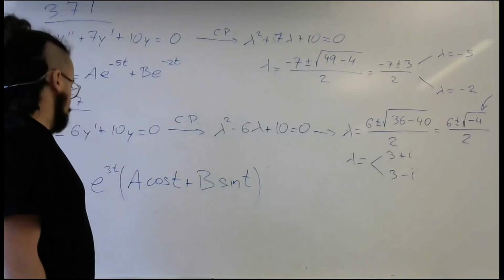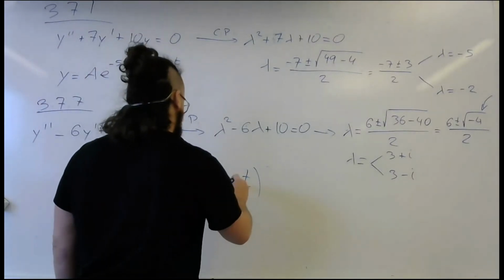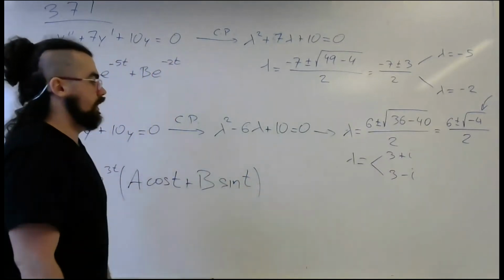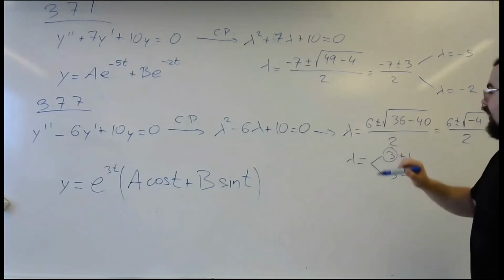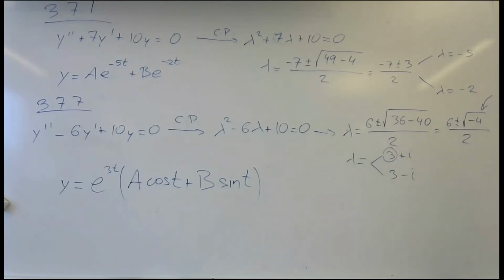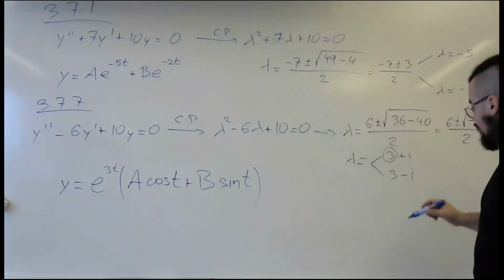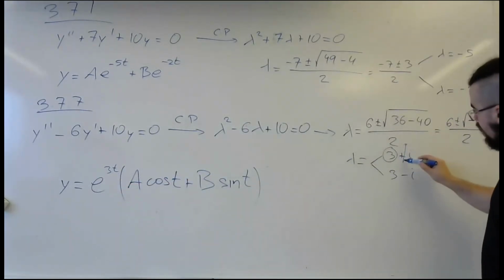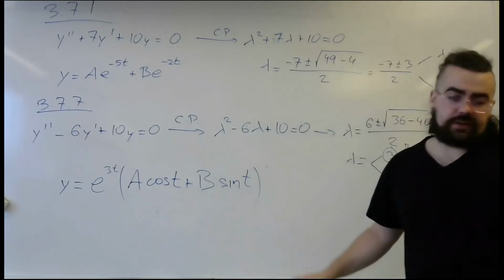There's an absurdly high amount of intricacies to this result, but the main idea is the real part of the eigenvalue goes to the exponential, and the imaginary part of the eigenvalue, which in this case is 1, goes to the cosine and sine.